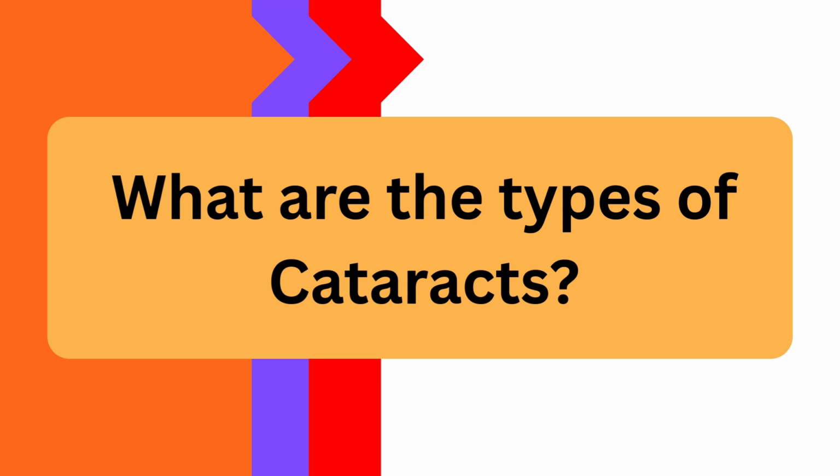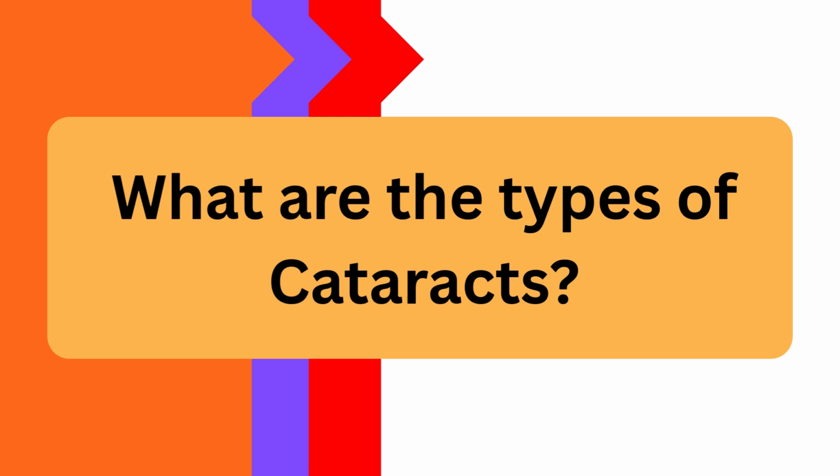It means secondary to some other disease in the eye. For example, like iridocyclitis, glaucoma. Again, traumatic cataract is another type, as is noted in the name itself, due to trauma, that is injury. Either it may be blunt injury or penetrating or piercing injury.